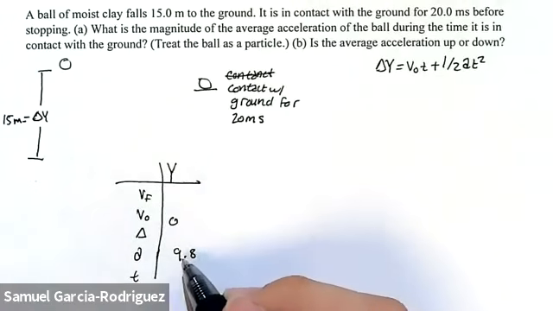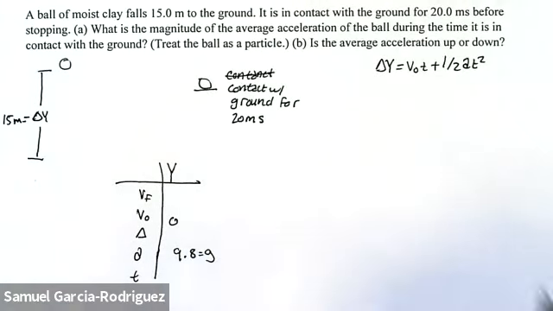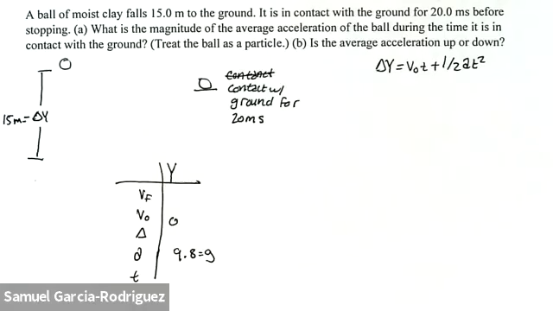I'm going to go ahead and write that as g for now. Off the top of my head, I want to say it's positive, but if I'm being honest, I'm not 100% sure. So I'm just going to write it as a positive 9.8 and a positive g until I can make a better judgment.